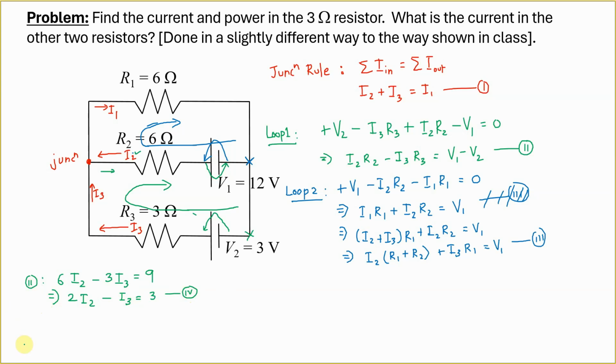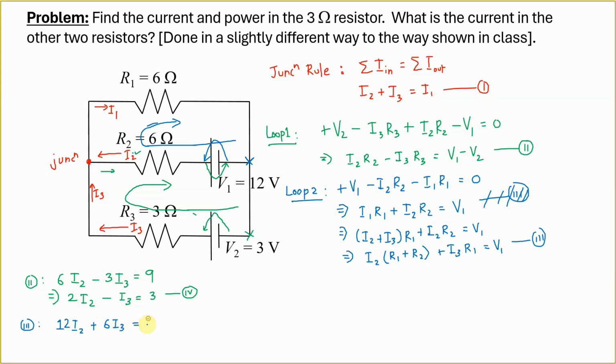All right. So now the equation 3 from loop 2, what does that become? Well, with the numbers, equation 3 becomes I2 times R2, which is 6, so we have 12 I2 plus R1, which is 6, so we have 6 I3, and that is equal to V1.